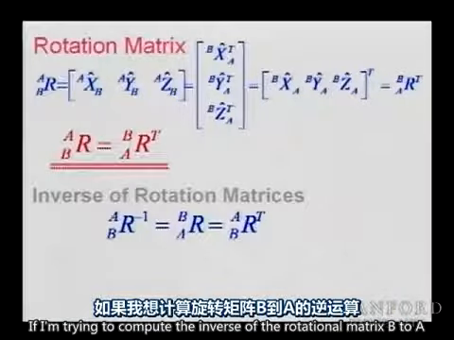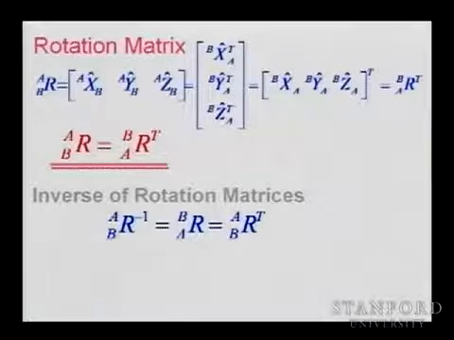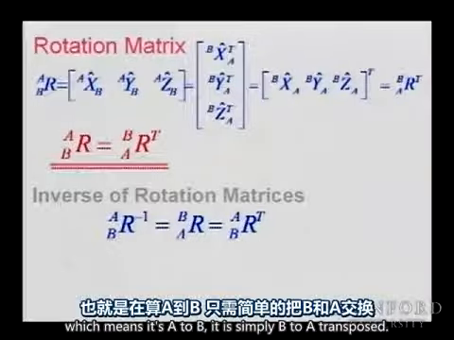If I'm trying to compute the inverse of the rotation matrix B to A, which means it's A to B, it is simply B to A transpose.